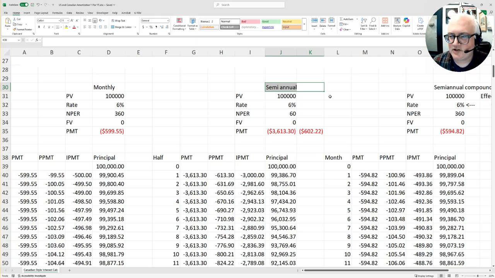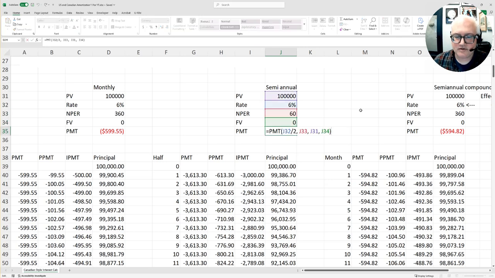That is to say, you paid twice a year. Instead of it being 6% divided by 12 being the monthly rate, and 30 times 12, which is 360, being the number of months, we end up with 60 periods, because if there are 2 periods per year, it's 60 periods.